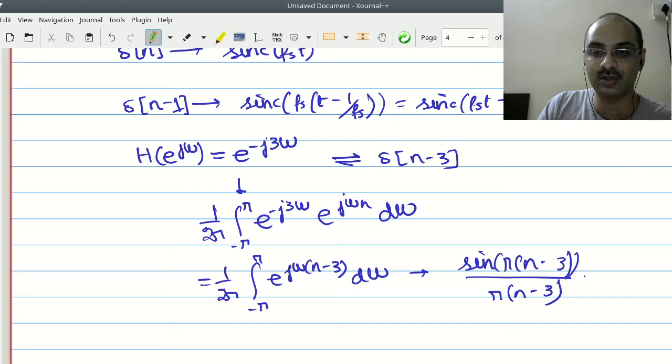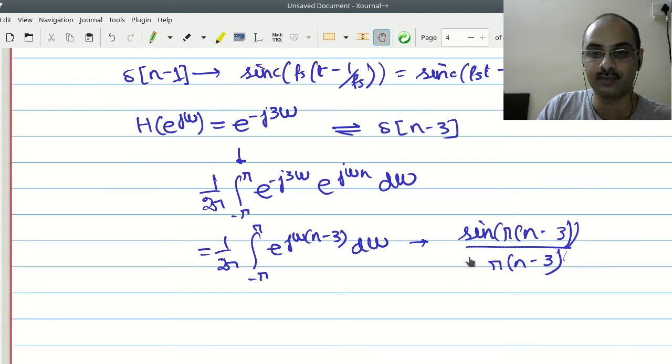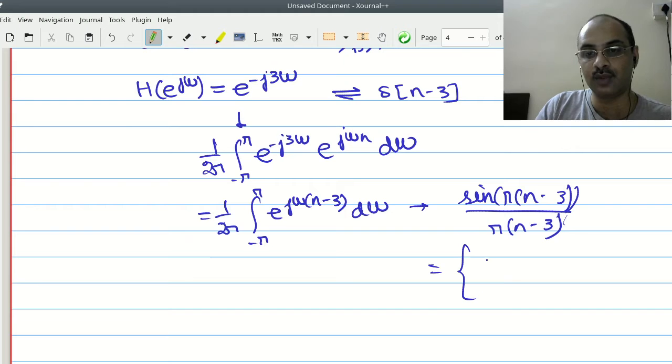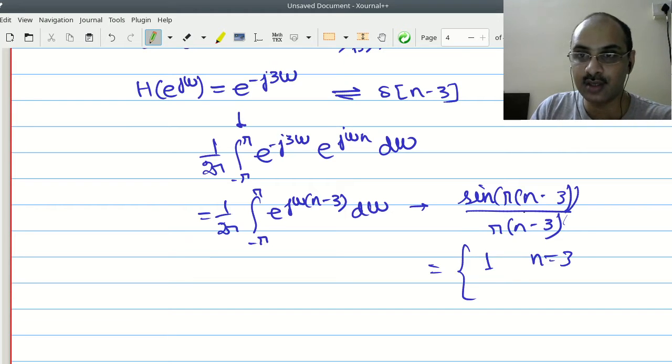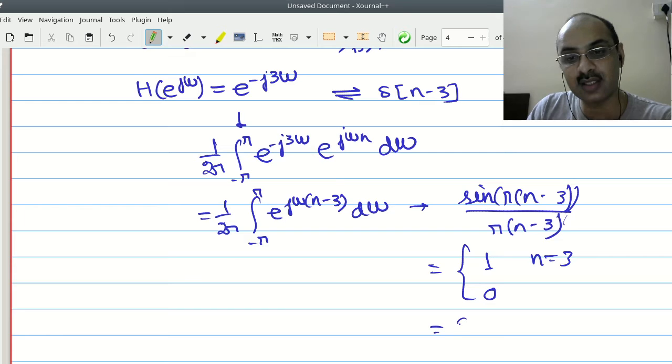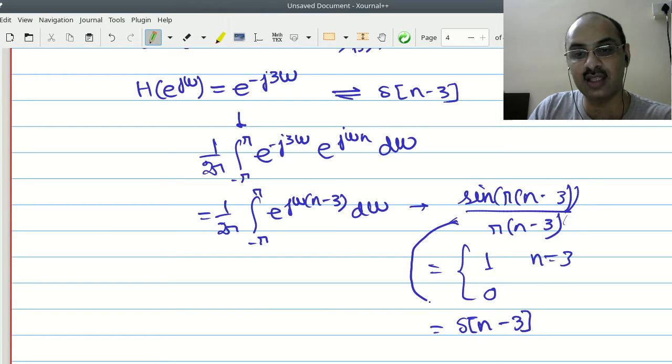So for n equal to 3, you get 1. For every other integer, you know that sine of an integer multiple of pi is 0, which means that this sequence is the exact same as delta of n minus 3. So do not be shocked when you see these two. These two are the exact same thing.